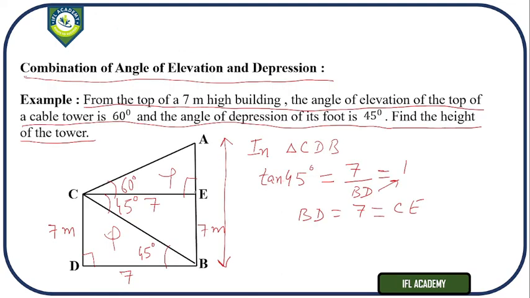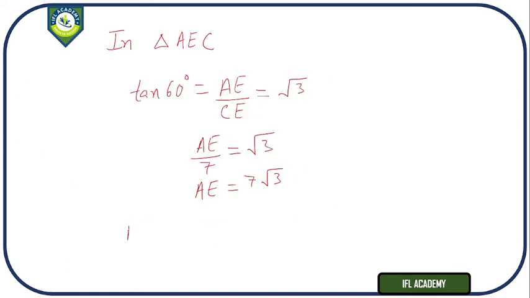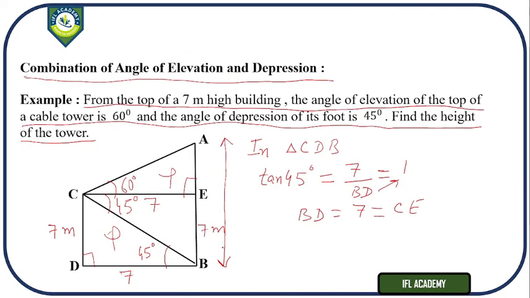Now see here, what is AB? AB we have to find. AB is AE plus BE. Put the values. AE is 7√3 plus BE is 7.